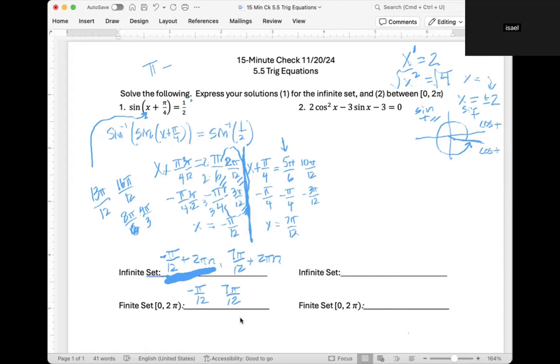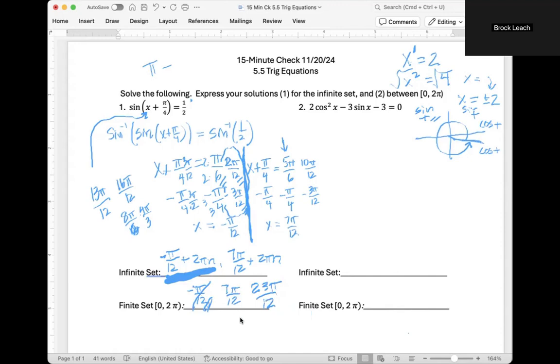Negative pi over 12 is outside 0. No, you're right. It shouldn't be negative. You're right. We actually need to express this as 23 pi over 12.